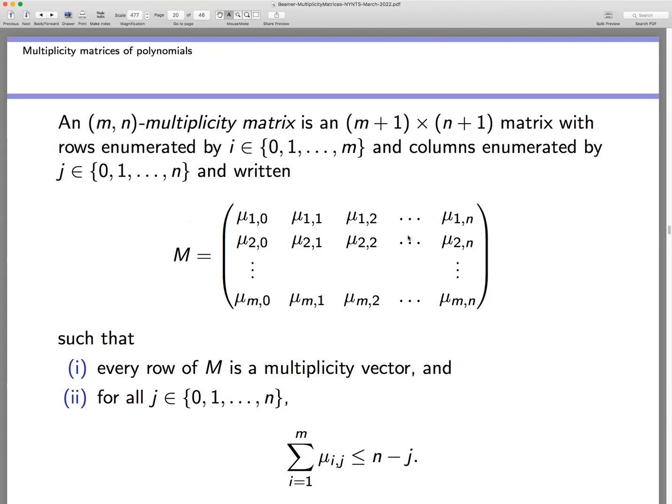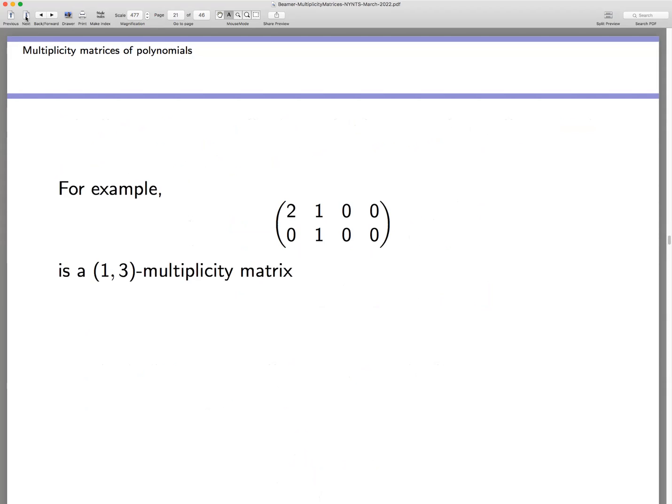So independently of each other, each row is a multiplicity vector. And we also have this constraint on the column sums: for each j from 0 to n, the sum of the elements in the jth column is at most n minus j.